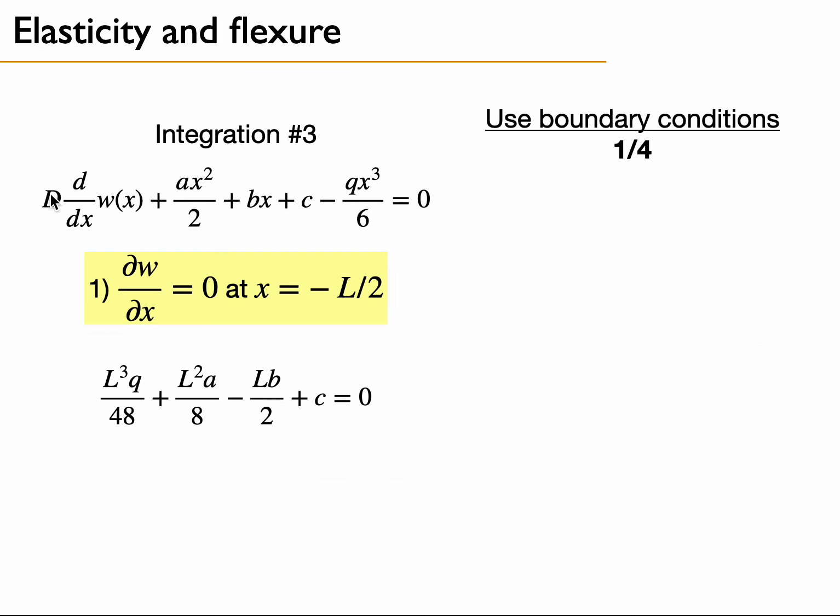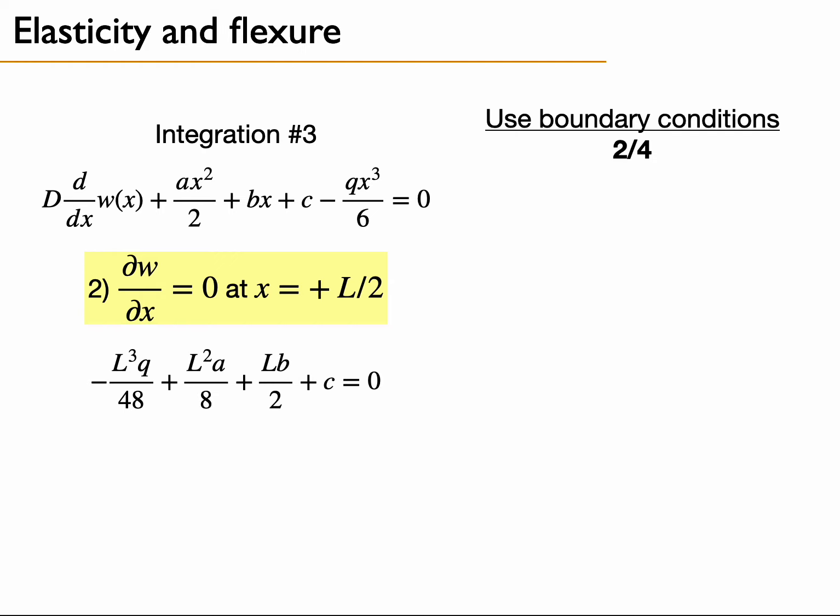So we select integration step number 3 and introduce dW/dx equal 0 for the value of x being equal to minus L divided by 2. One obtains this equation, function of L, A, B, and C. This is the use of boundary condition 1 out of 4.